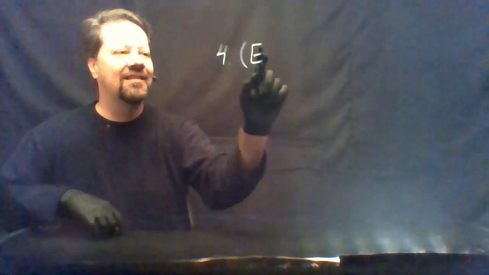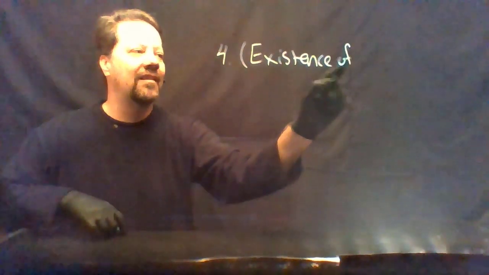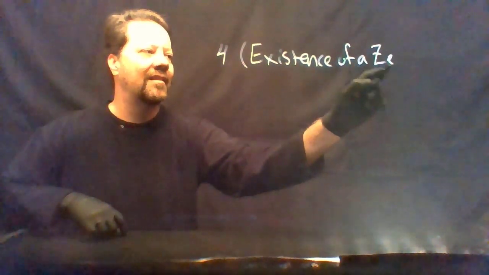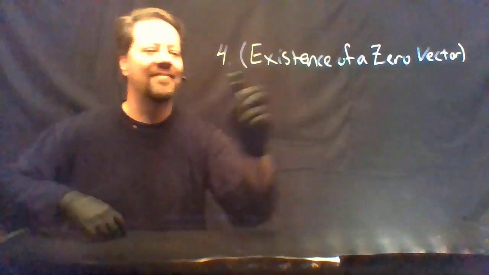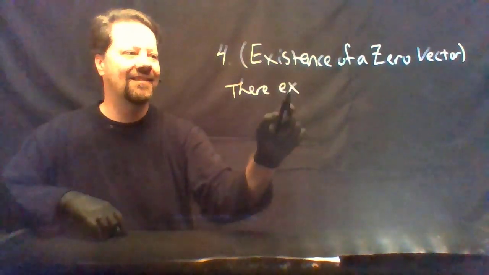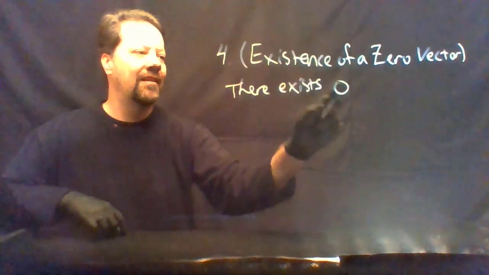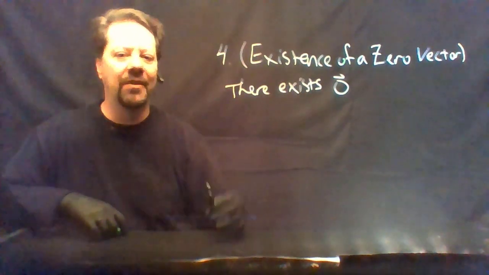Fourth, there has to exist a zero vector. What do I mean by that? There exists some vector which I'm going to write as a 0 with a half arrow over the top.